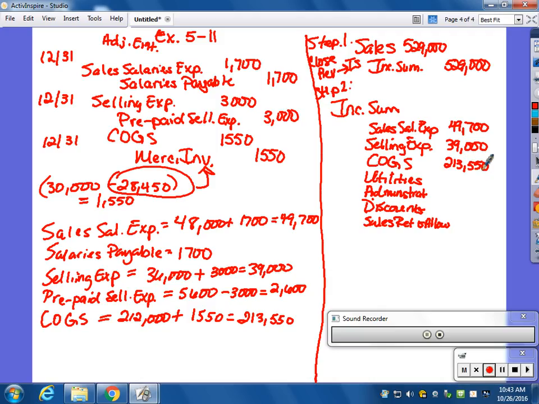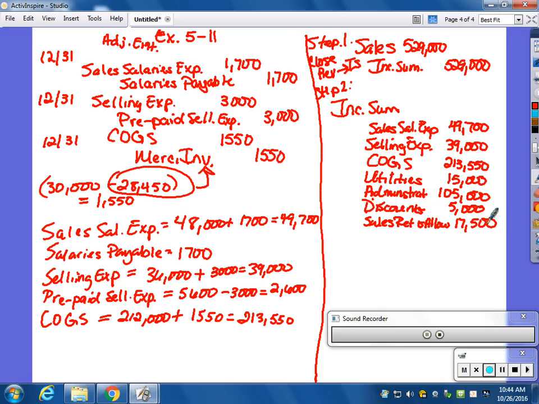Cost of goods sold is 213,550. Utilities, 15,000. Administrative expense, 105,000. Discounts, 5,000. Sales returns and allowances, 17,500.